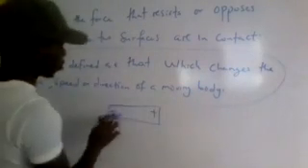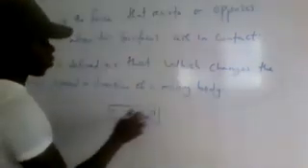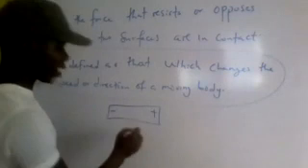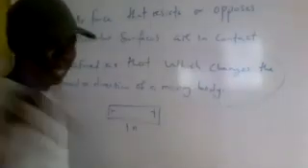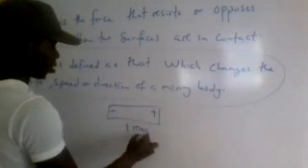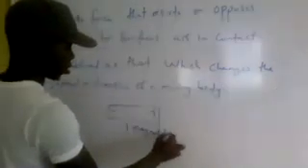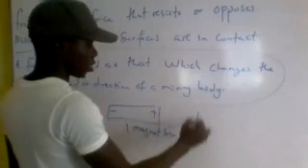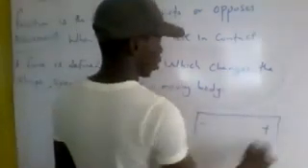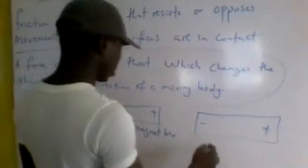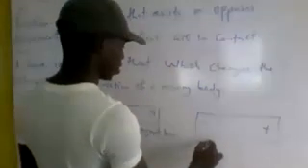Yes, sir. So now, when it comes to magnetism, you have the positive side and you have the negative side. Let's say this is one magnet bar. Then this one too, you have the negative side and the positive side.